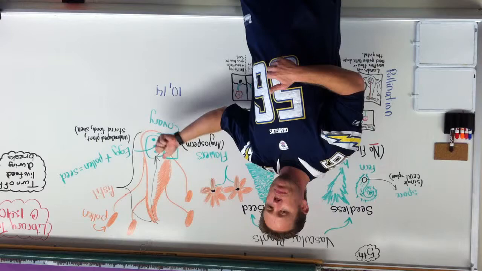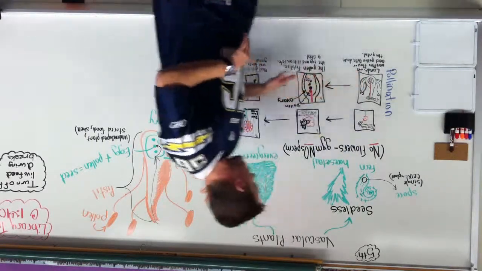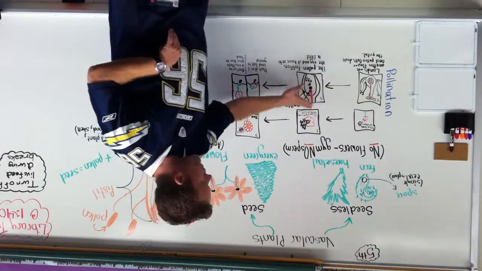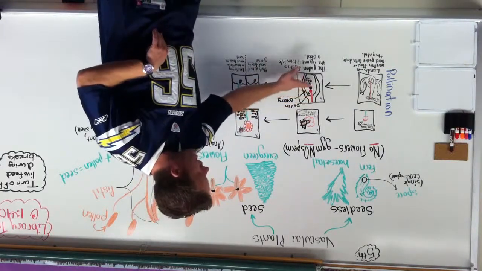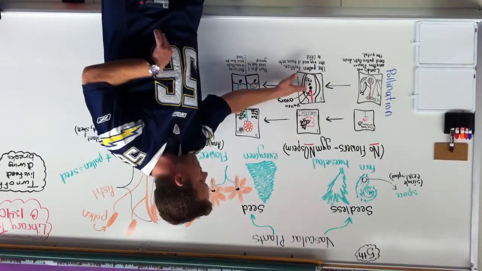How does a new plant start from this whole process? Basically what happens, we already talked about step 5. The pollen goes down and it gets inside the ovary and it mixes with the egg.